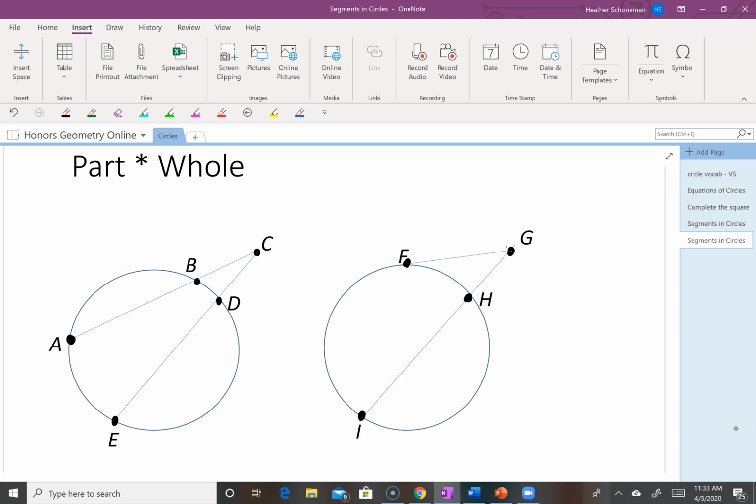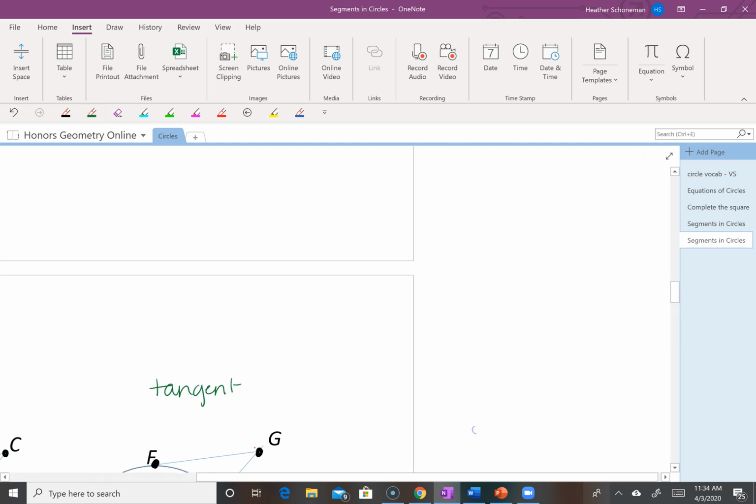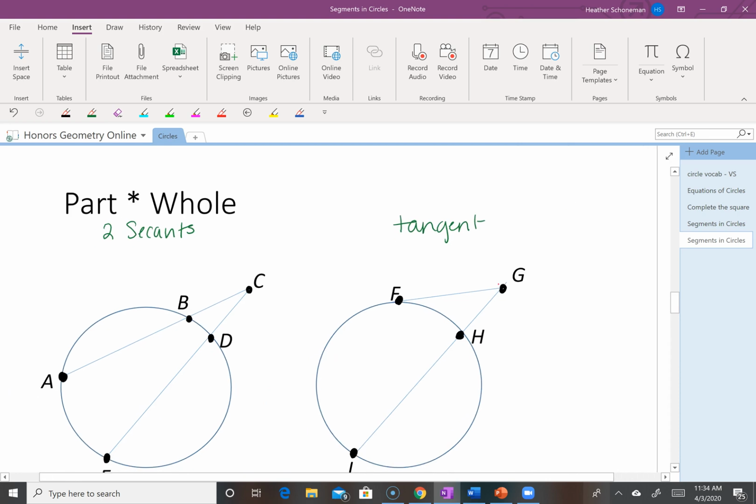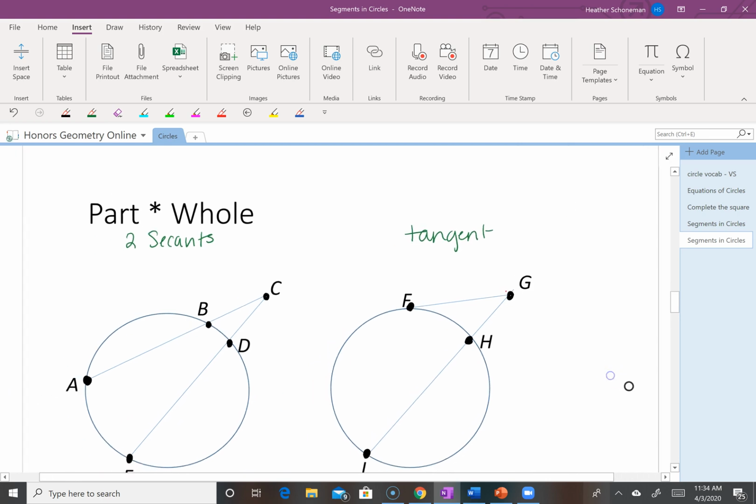Okay, now in this first picture, this would be 2 secants. In the second one, FG is a tangent, and GI would be a secant. So we have a combination of both here.